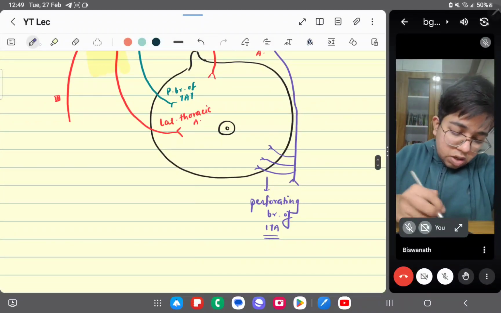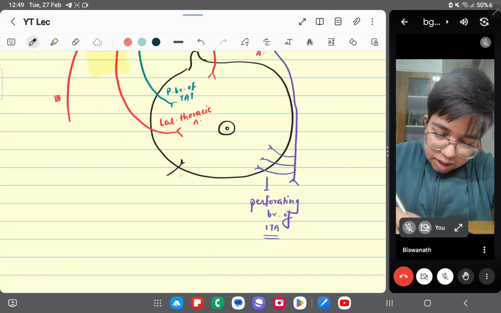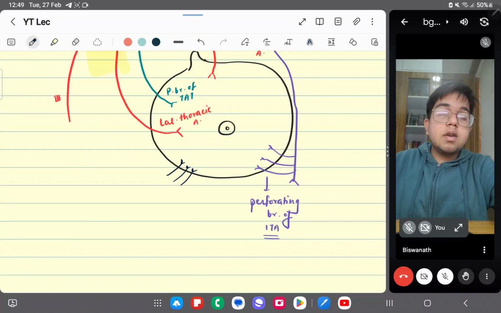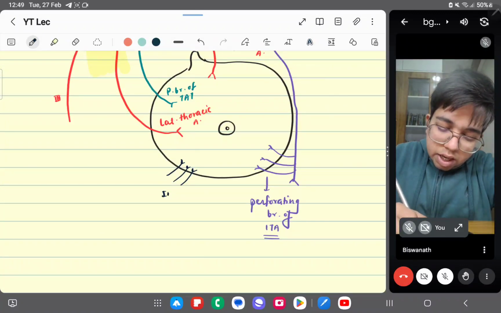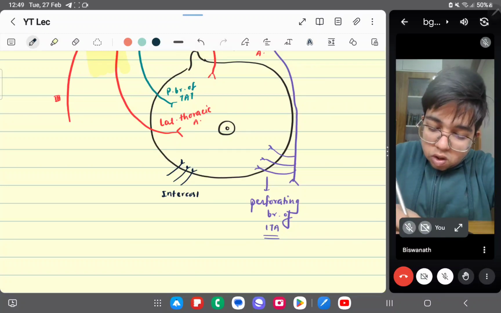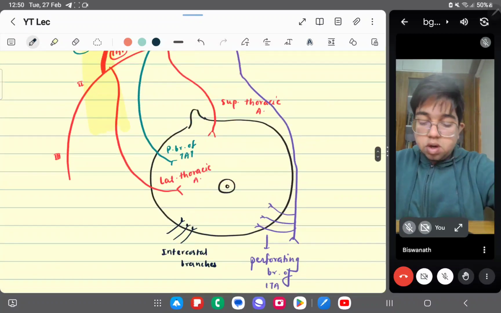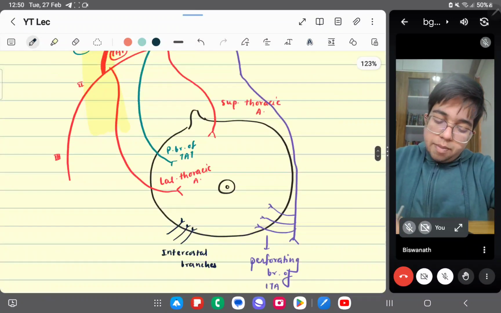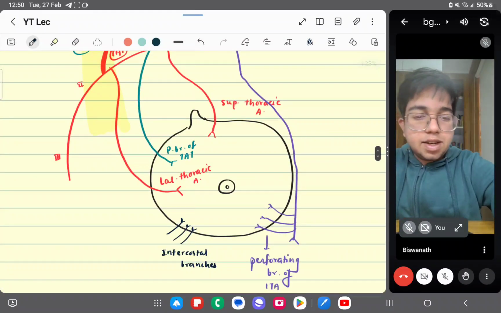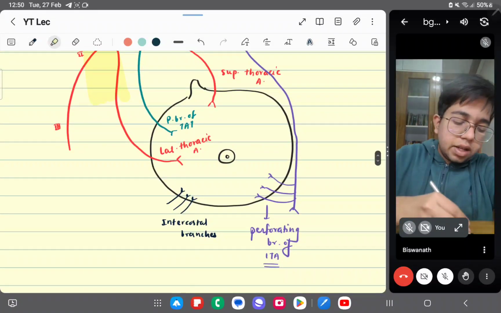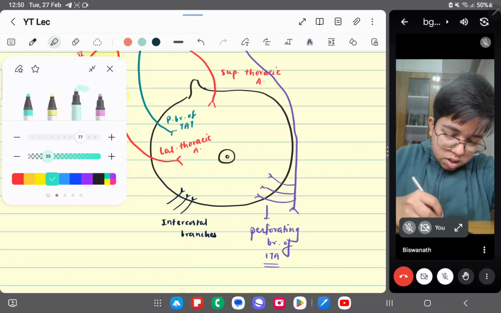And to the breast, other branches are also coming, called the intercostal branches, basically. Understood? So we completed the arterial supply of the breast. It's done.